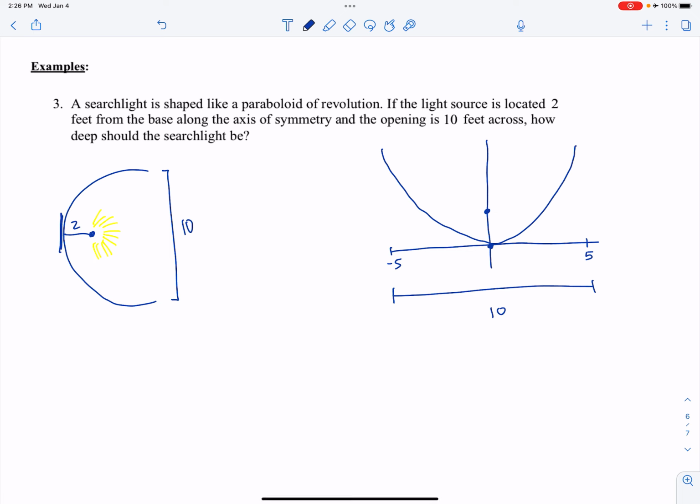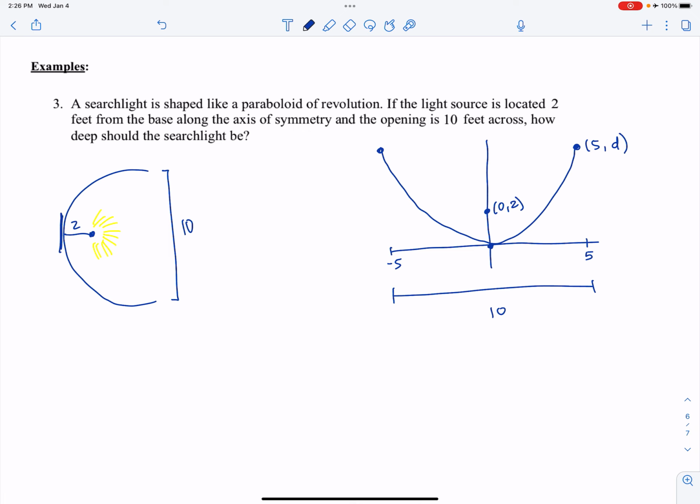So what I'll do is here we have some points of interest. This is 0, 2. This is 5, and that missing number. I guess we'll label it D for deep. Like, how deep are we going into this light? How deep is the searchlight?